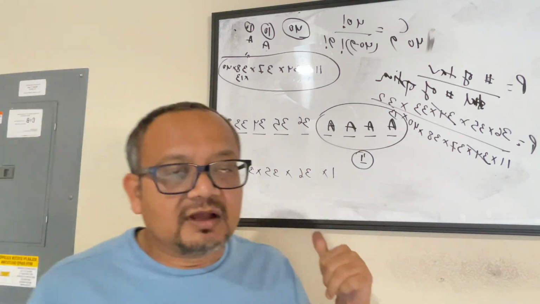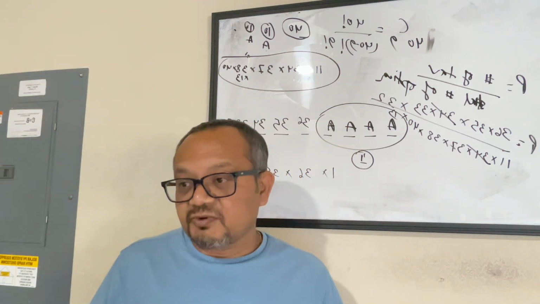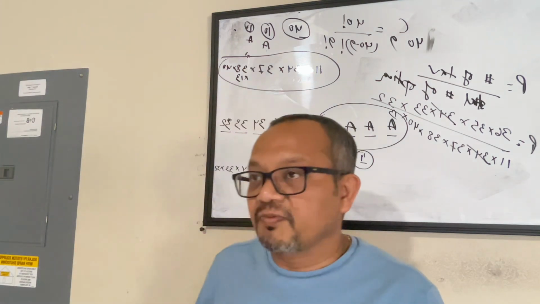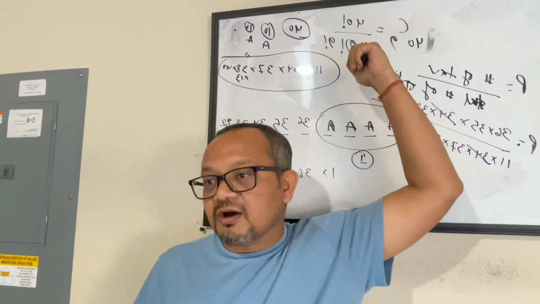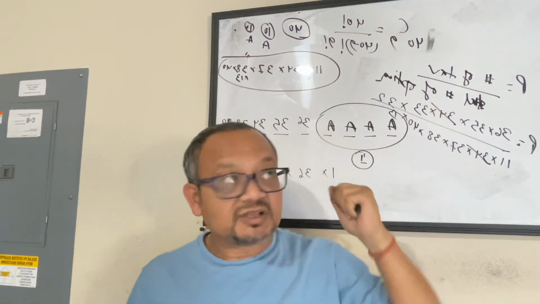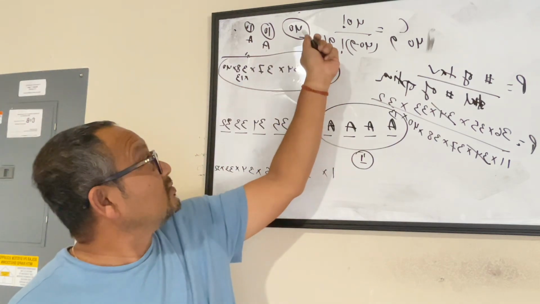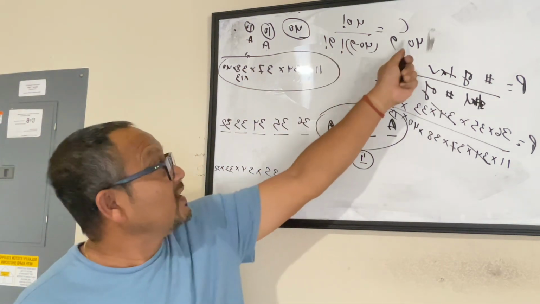So the summary of what we did was that if you have to find the probability of a certain event, what you have to find out is the number of favorable outcomes divided by the total number of outcomes. Here we found my total number of outcomes: I'm forming a group of 9 cards from 40 cards.